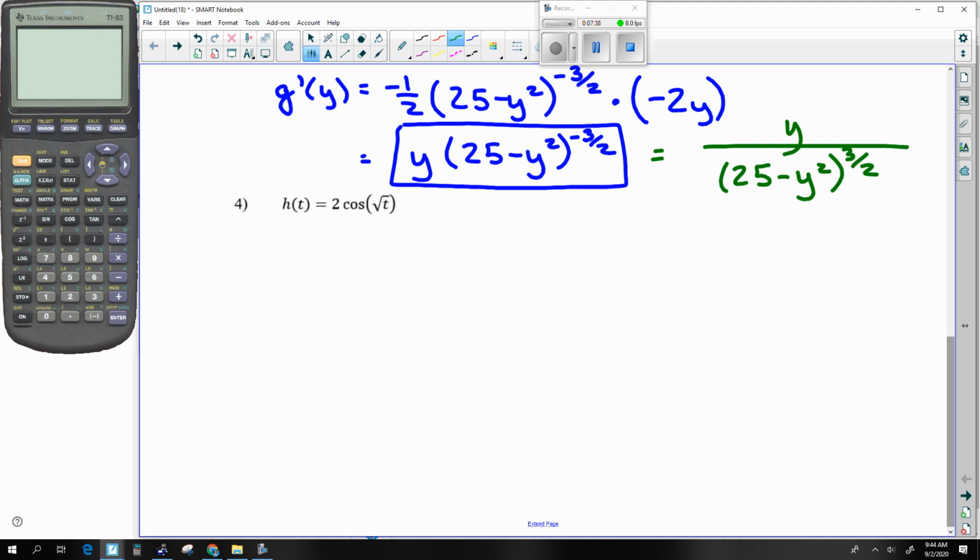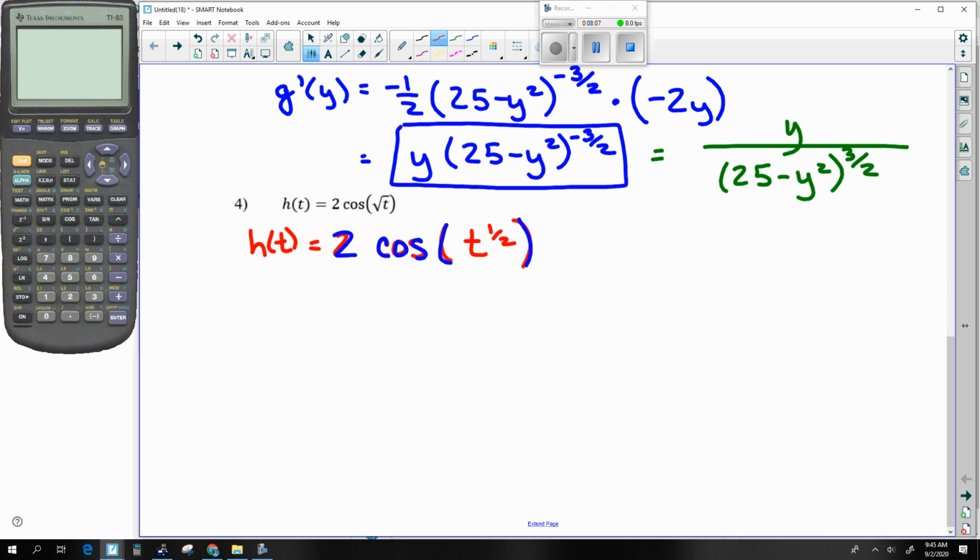All right, number 4. Number 4 is still a chain rule. So the outside, actually, let me rewrite it one time. This is going to be 2 cosine t to the 1/2. So the outside portion of this chain rule is this 2 cosine.